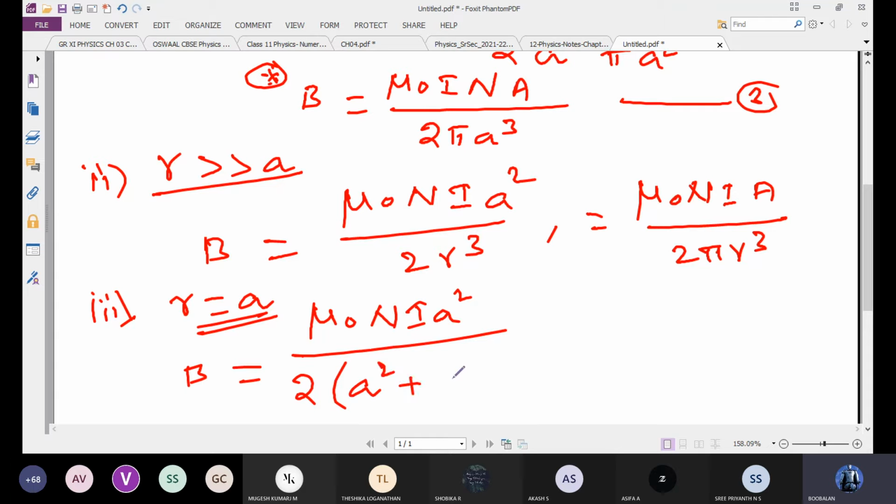So r square is also a square only, because r and a are both equal. A square plus a square power 3 by 2. So you will get mu naught n I divided by, do the simplification, 2 power 5 by 2.